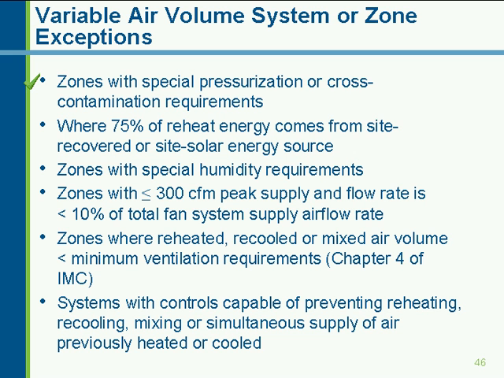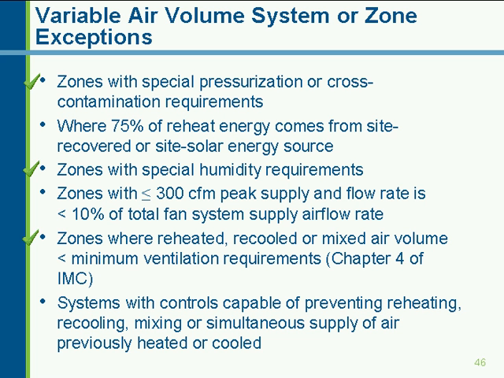If you've got systems where 75% of the reheat energy comes from site-recovered or solar energy sources, you do not need to use VAV systems. If you've got zones with special humidity requirements, they're exempt from the VAV requirement. If you've got a zone with less than 300 CFM peak supply airflow rate, and that flow rate is less than 10% of the total system supply airflow rate, you're exempt.